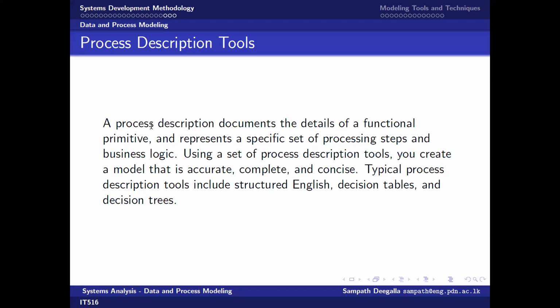Examples of these process description tools are structured English, which means simple English language we use to make a structure like pseudocode in computer programming. You can have a decision table, where you make a table-like structure, or you can use decision trees. So this part, we are going to look at in more detail.